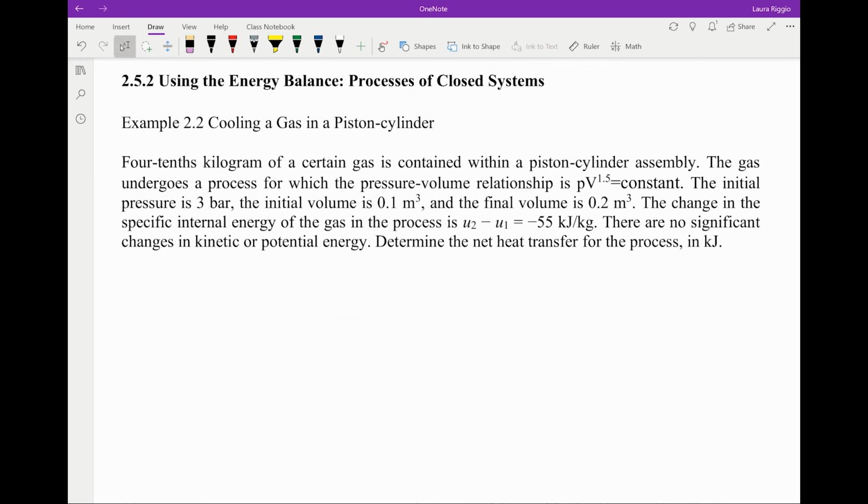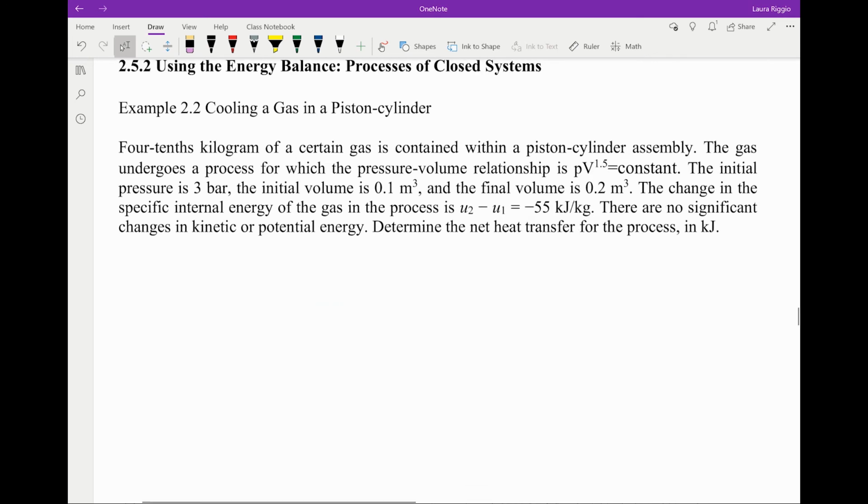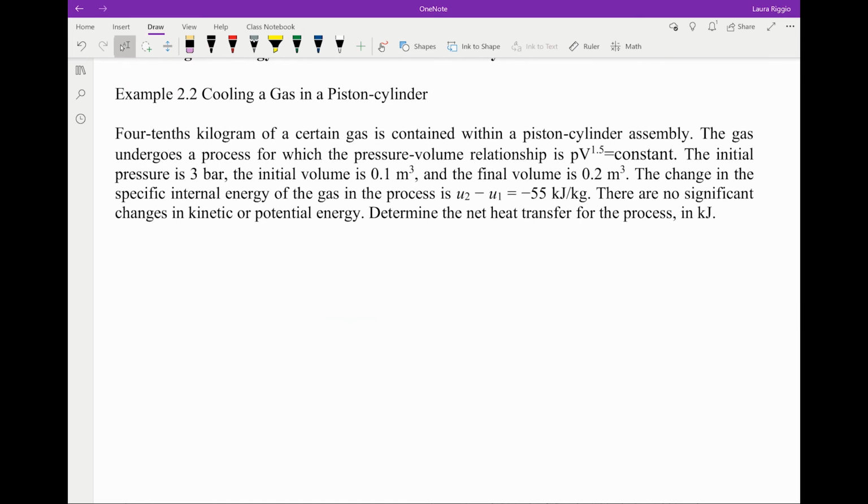Honestly, the best way to learn how to use the energy balance is to do an example. So we have 4/10 of a kilogram of a certain gas contained in a piston cylinder assembly. The gas undergoes a process for which the pressure volume relationship is PV^1.5 equals a constant.